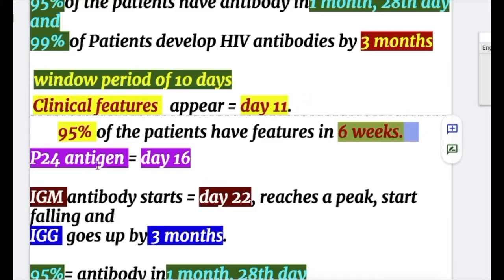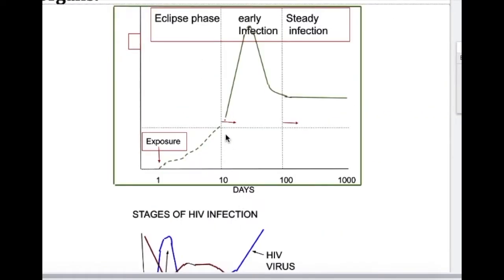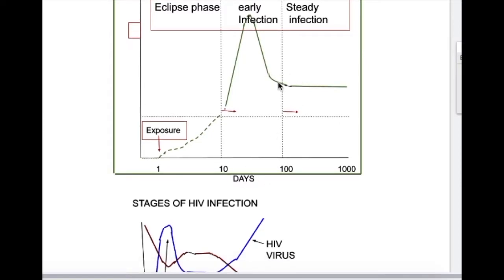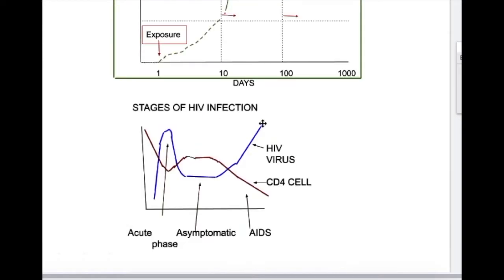Then P24 antigen appears on day 16. And then IgM; the acute phase lasts from about 2 weeks to 2 or 3 months, and then there is a latent period of about 2 to 10 years, and then the virus increases and there are opportunistic infections leading to death.